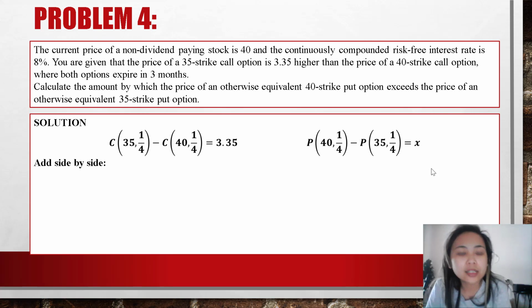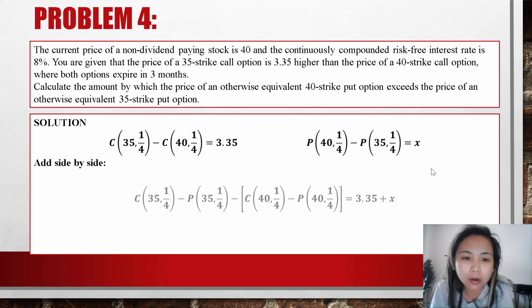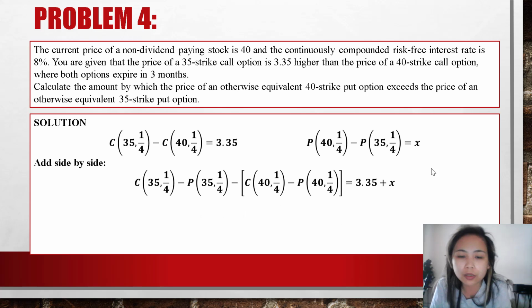If I add side by side, I get call(35,1/4) minus put(35,1/4), then I open the brackets, plus call(40,1/4) minus put(40,1/4). This is equal to 3.35 plus X. Just left side add left side, right side add right side. And from here we solve for X.